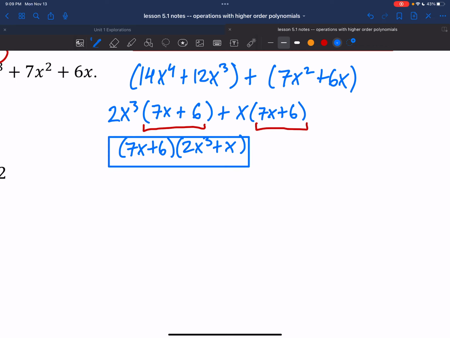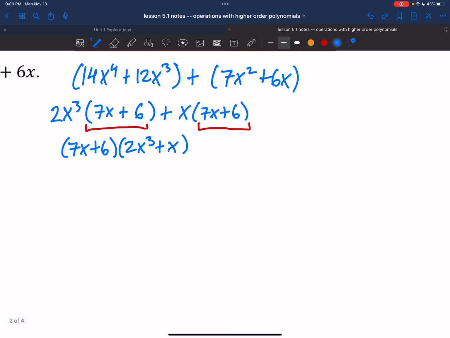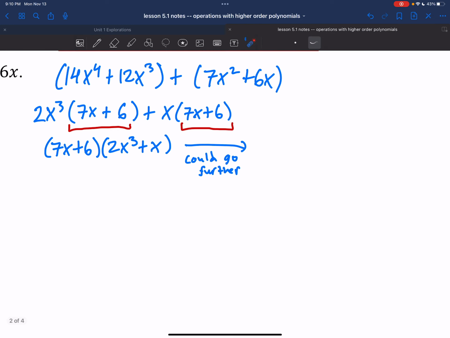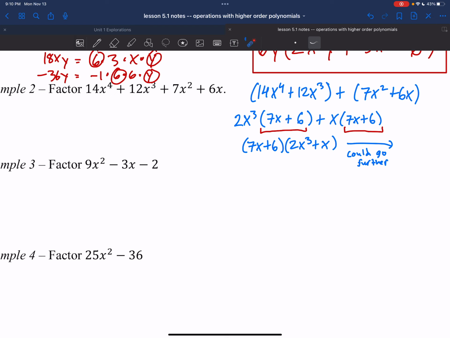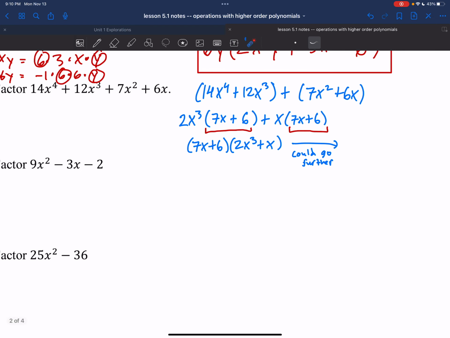Right? Oh, well, technically you could go further. You say, wait, what do you mean, Mr. Spake? Well, observe that all of these terms, oh my gosh, they all had an x.